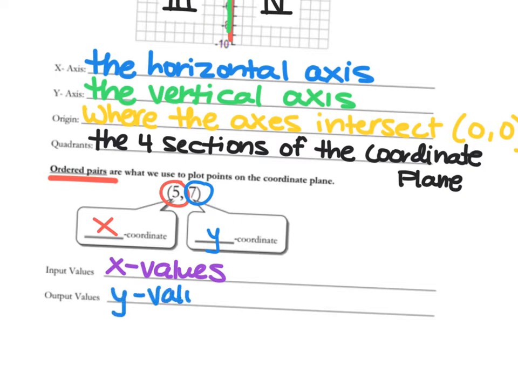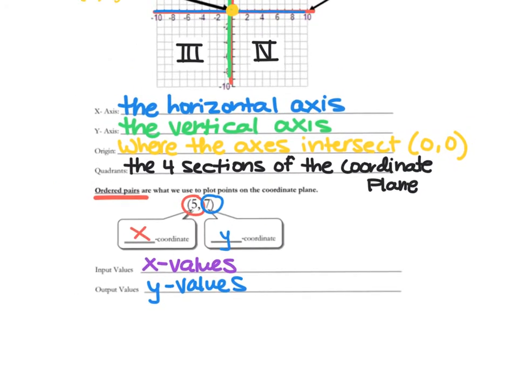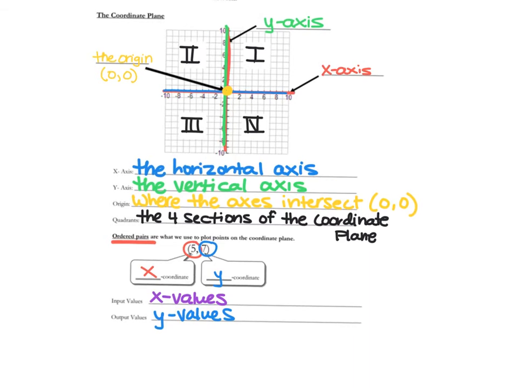We've talked a little bit about this when we made those table of values. What we plug in are the x values, and what we get out are the y values. So that's just something else to keep in mind. Input values we call x values, our output values are the y values. So you guys can take those notes, and then we're going to move on.